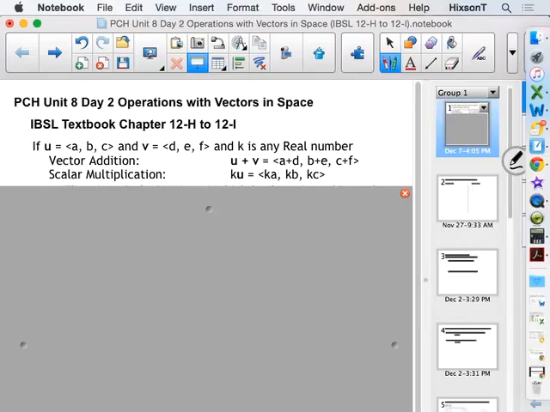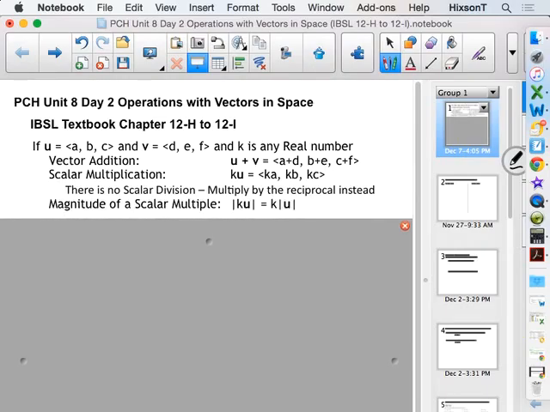Now, what does multiplying by a scalar do to the vector? It increases the magnitude. It multiplies the magnitude. This is what we saw here.